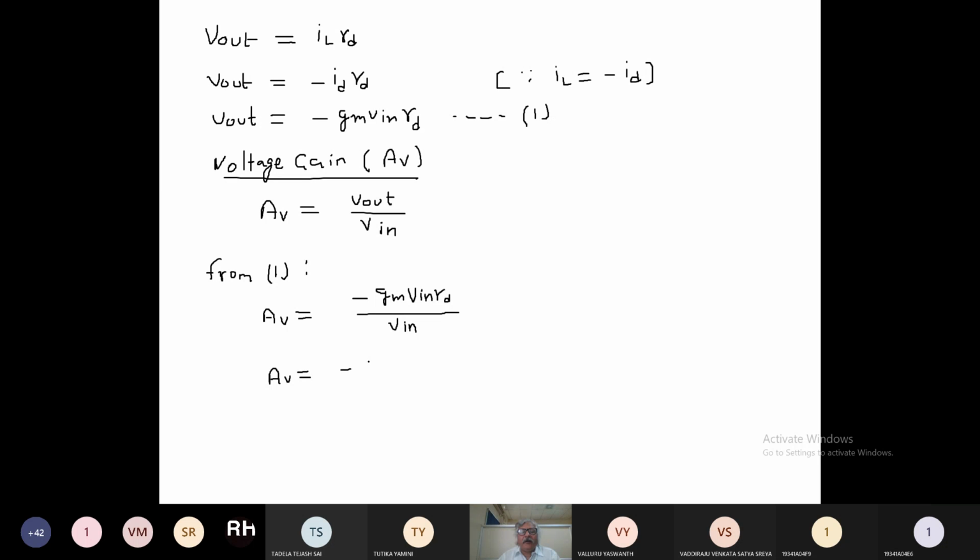So you will get minus GM RD. This is the expression for the voltage gain, right?